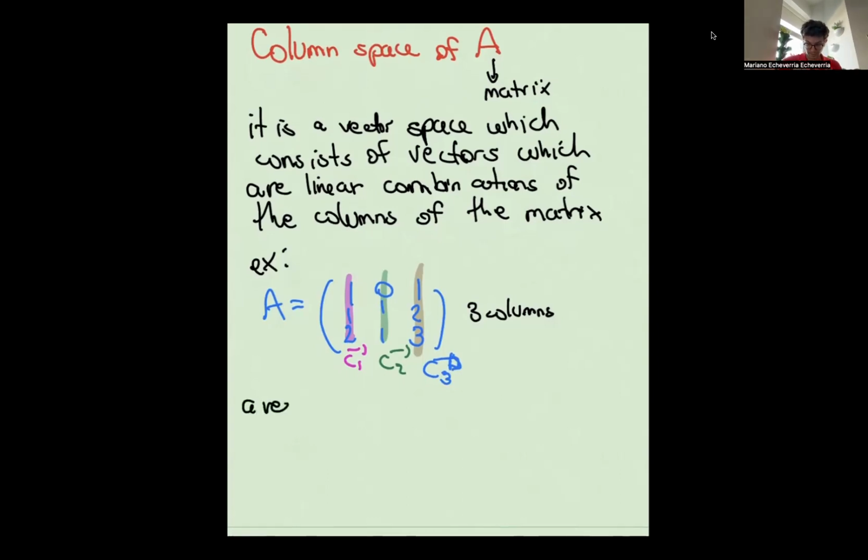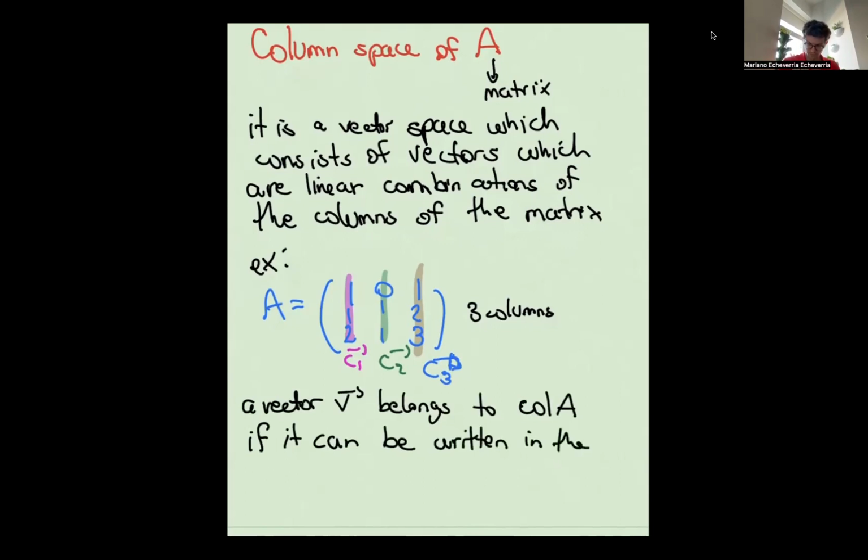So a vector B belongs to the column space if it can be written in the form, let's call them a C1 plus b C2 plus c C3, where a, b, c are numbers.